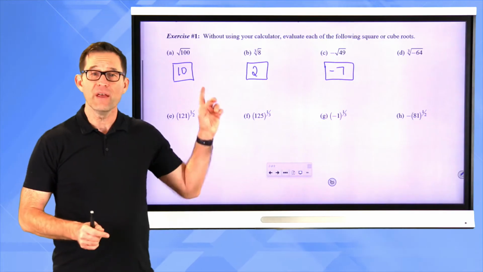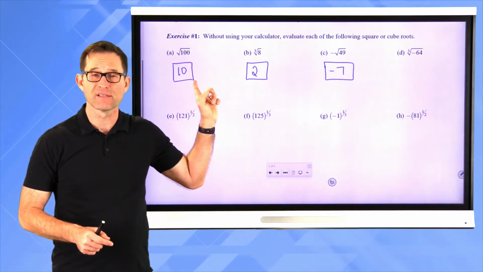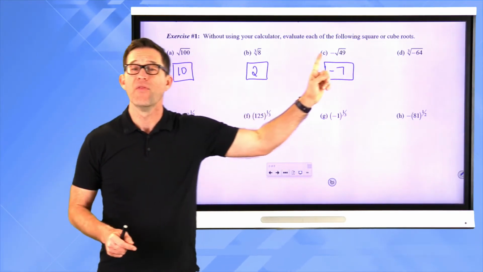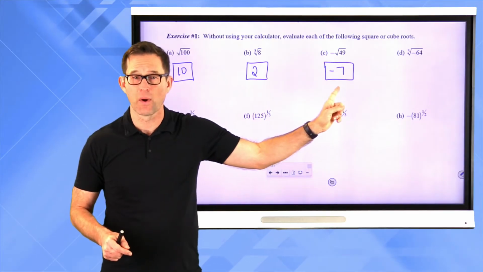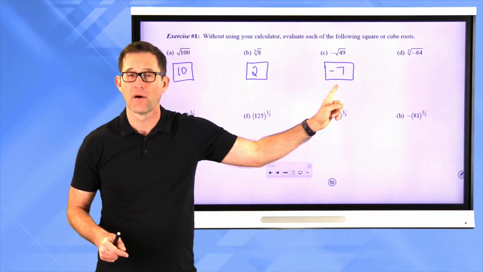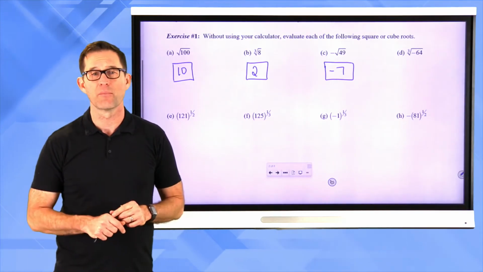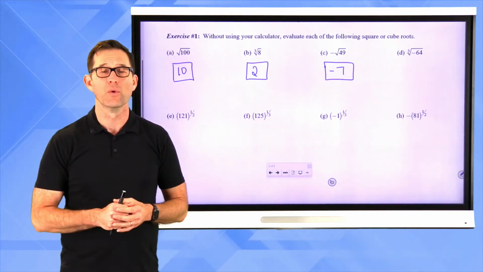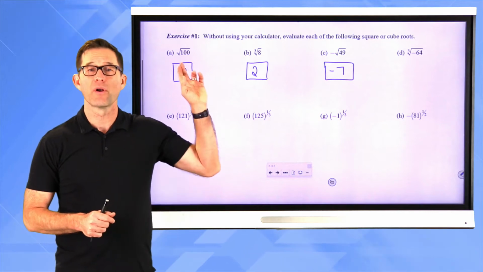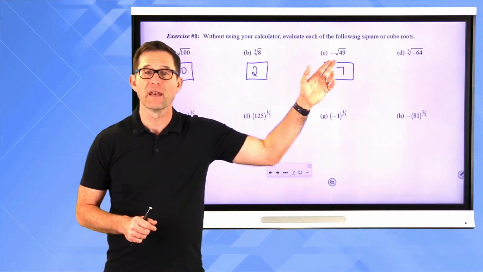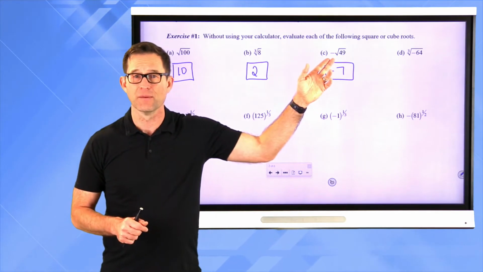This is simply the positive square root of 100. This is the negative square root of 49. So we're going to distinguish between the negative square root of a number and the positive square root of a number by simply whether or not there's a positive or a negative out front of the radical symbol.